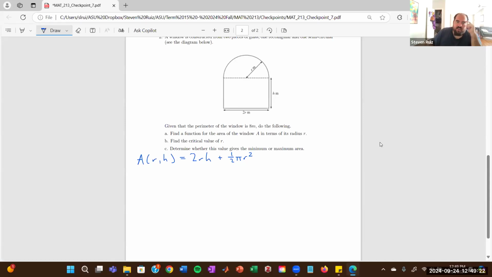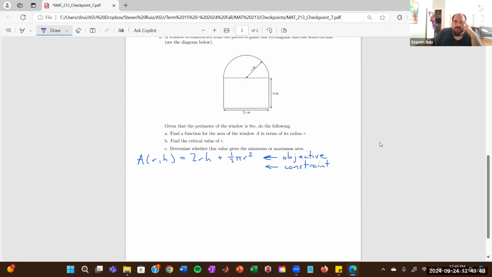But we were told to find the area as a function of radius only. So we have to have another function. This is basically going to be, I believe, what the videos describe as the objective function. We're also going to have a constraint function, basically some rule we have to follow. The reason that's important is, if there were no constraint, this is a very simple problem.